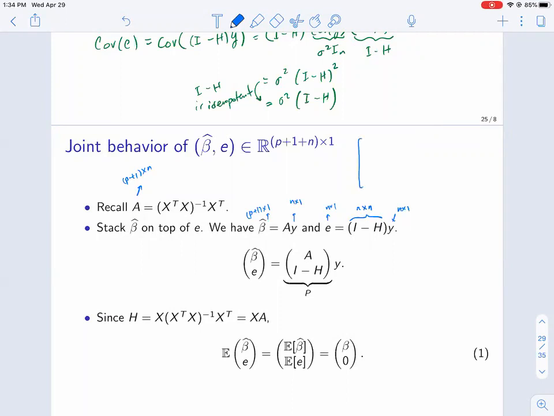Let's say we know that P plus 1 is less than N. If I put A here, A would be something like this. That's P plus 1, and this is N. So that would be A. And then I can put I minus H below it. So this would be I minus H. It should be a square, more or less.